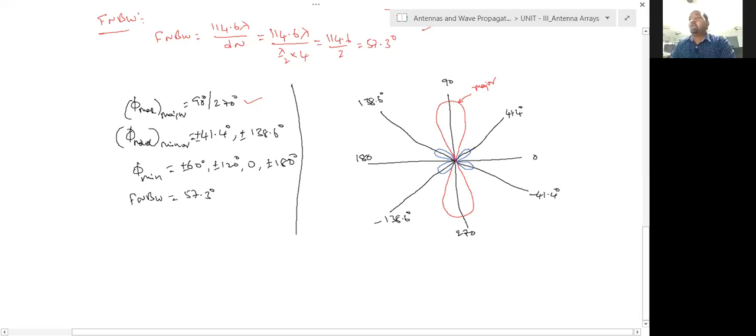And now the minimum directions. Let me indicate the minimum directions.